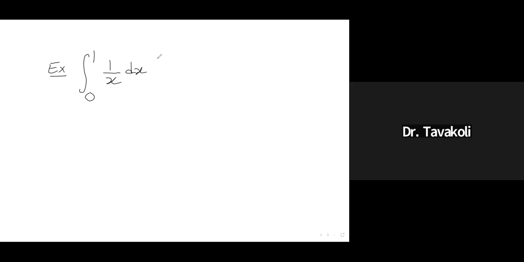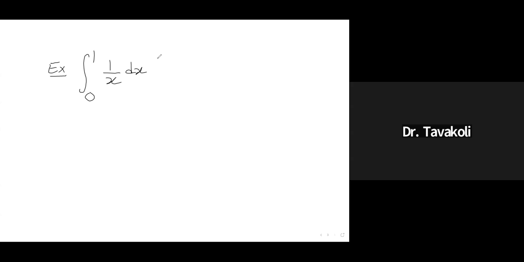Because when x approaches 0, the starting point of the interval of this integral, 1 over 0 is undefined. And when x approaches 0 from the right side, I get plus infinity. So at 0, there is a problem. The function is discontinuous.